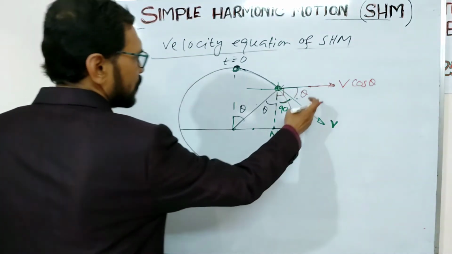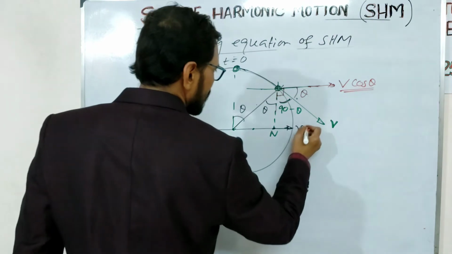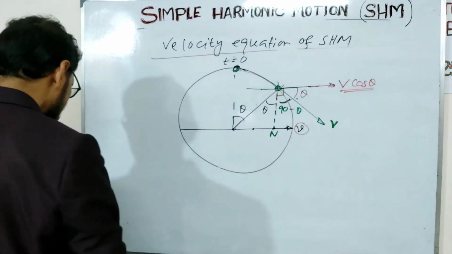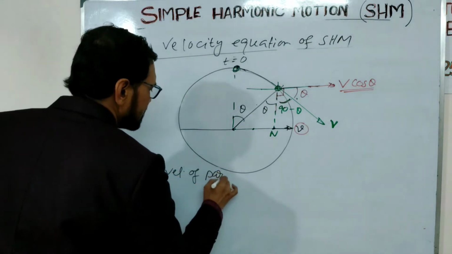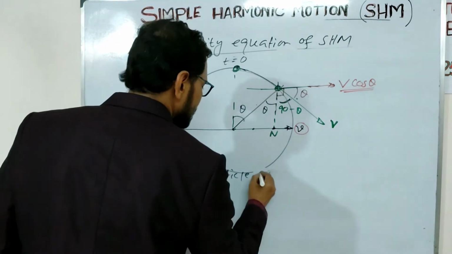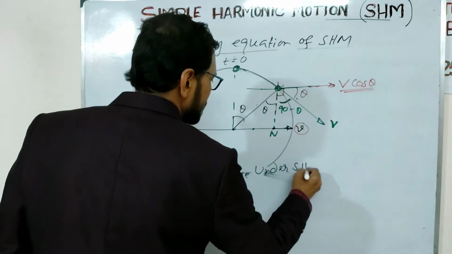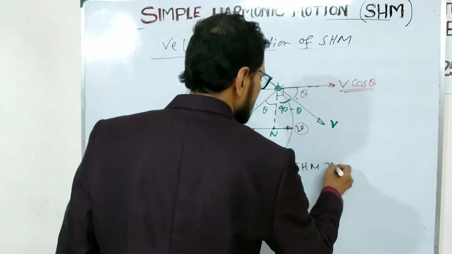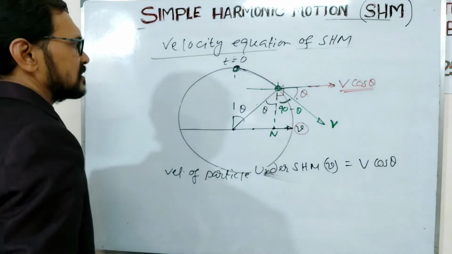So the velocity of the particle which is under SHM will be v cos theta.